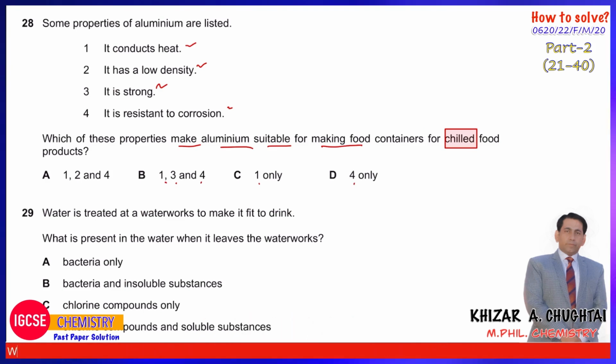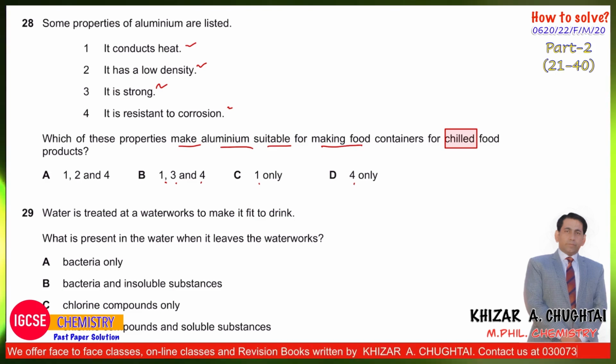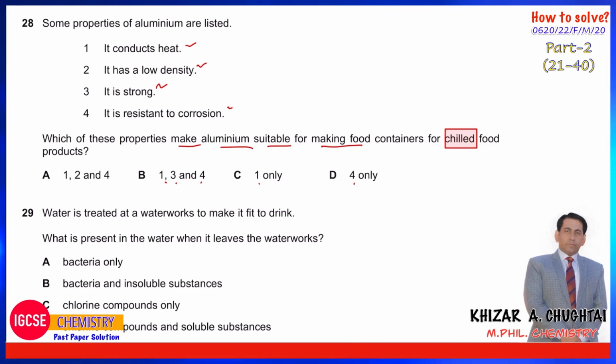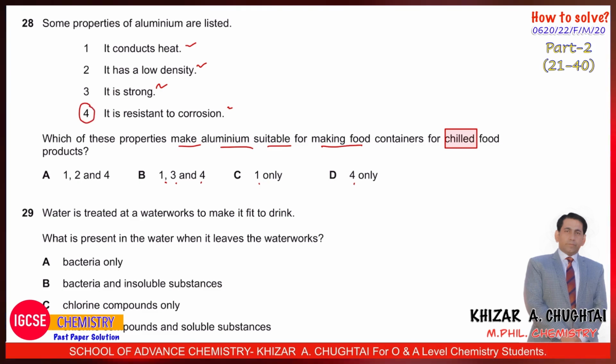Chilled food means it has a greater quantity of moisture. So simply it means the container must have high resistance to corrosion. The most demanding property in this situation is the fourth one.